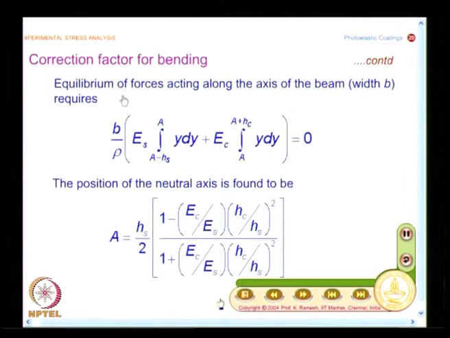So, by looking at the equilibrium of forces, I am able to find out the expression for this. It gives the neutral axis position, measured from the top fiber of the specimen.